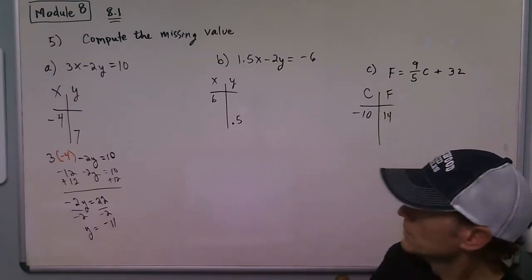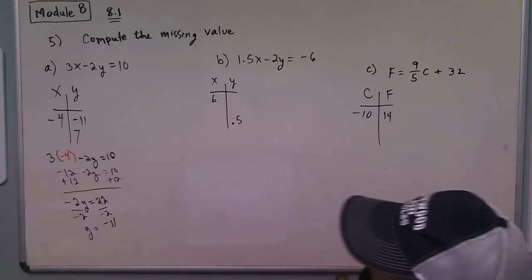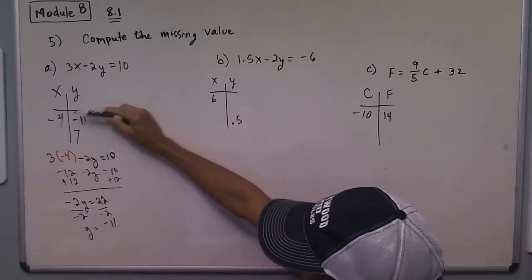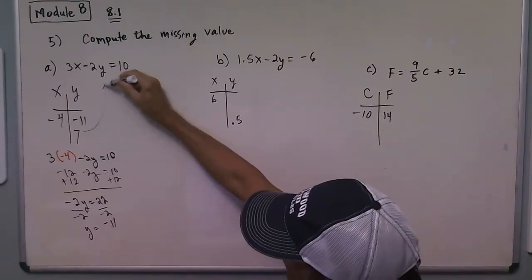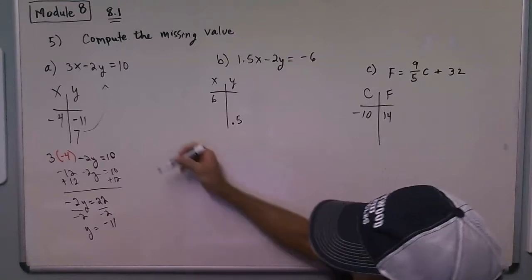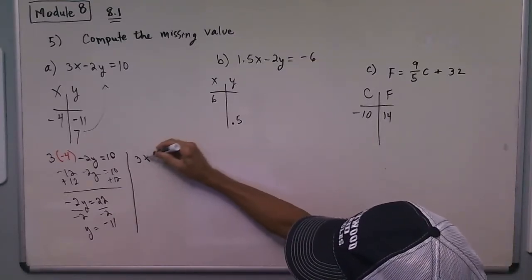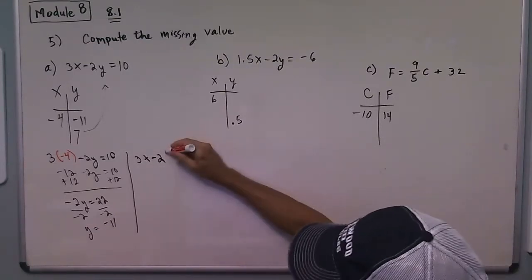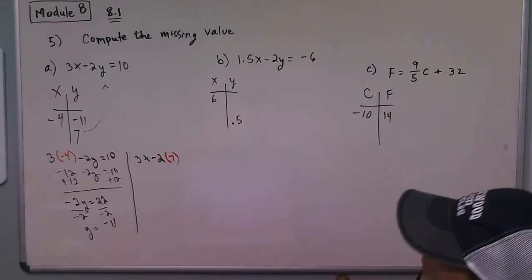Okay, so when x is -4, y is -11. So now we're going to put 7 in here for y, okay, and we get 3x minus 2 times 7. I'll put the substituted value in red, equals 10.